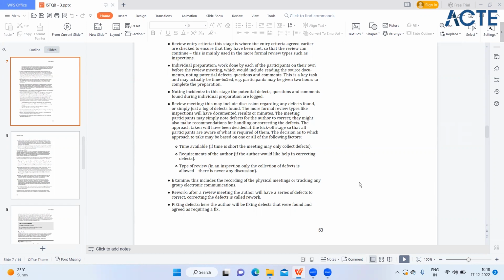Now in this review meeting, we will provide our feedback, or provide the document for those defects we have found, and we will provide our views as well to the review.